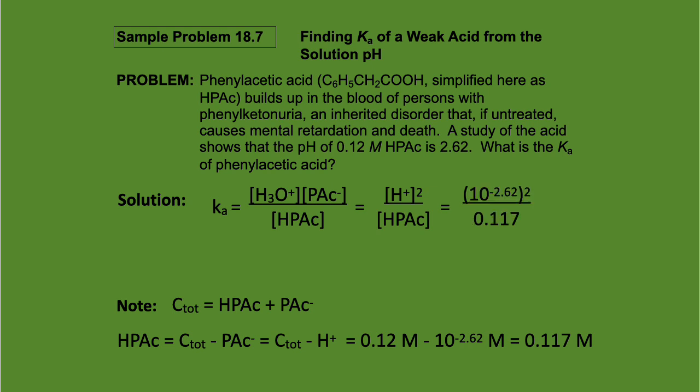When we put these values in, the concentration of H+, 10 to the minus 2.62, squared, divided by 0.117, we can calculate the Ka value for our solution. And that turns out to be 4.98 times 10 to the minus 5.